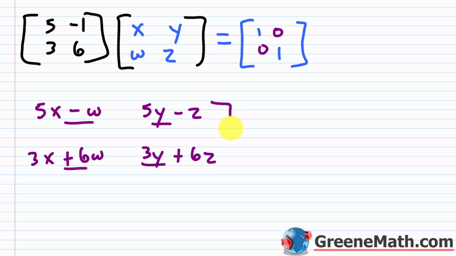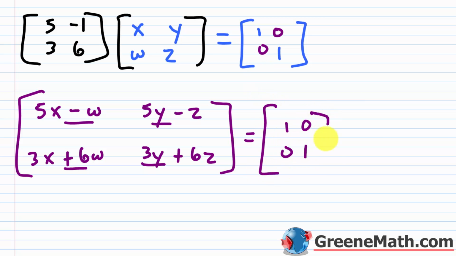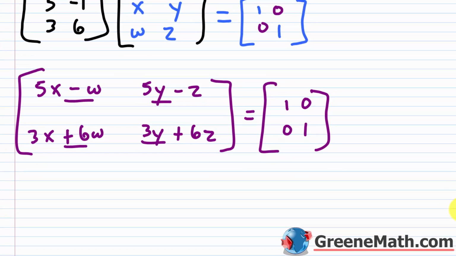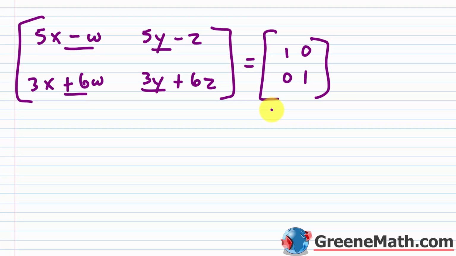Now I know that this guy, if I set it equal to this, what has to be true? Let's think about what we know so far, or what we've learned in kind of previous lessons. We know that two matrices can only be equal if and only if their size is the same. In each case here we have a 2 by 2, and their corresponding entries are exactly the same.